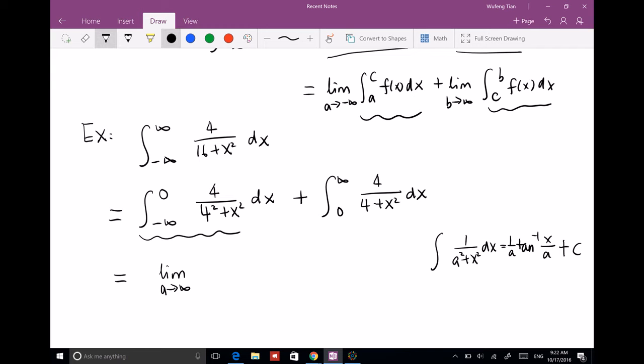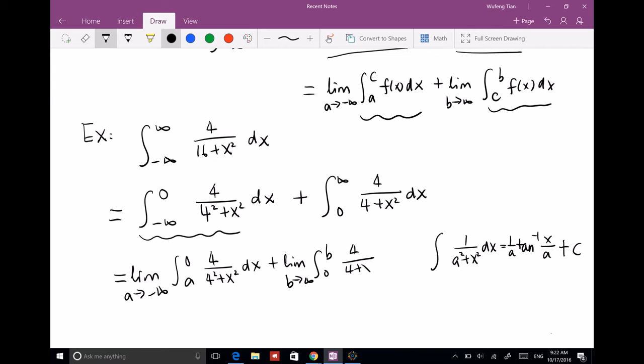Let's just do one more step in between, because I don't want to do it too quickly and then you make a mistake. For negative infinity we change it to a, with a to 0 of 4 over 4 squared plus x squared dx. Then plus the limit as b goes to infinity of 0 to b of 4 over 4 squared plus x squared dx.